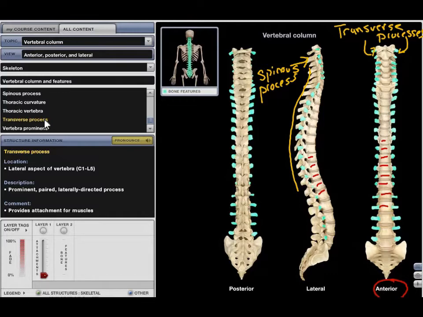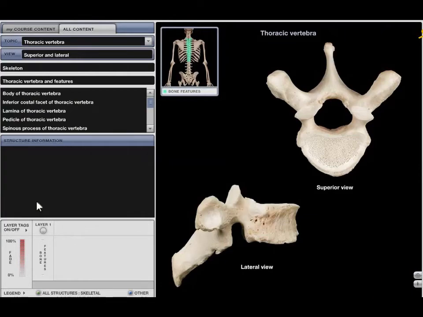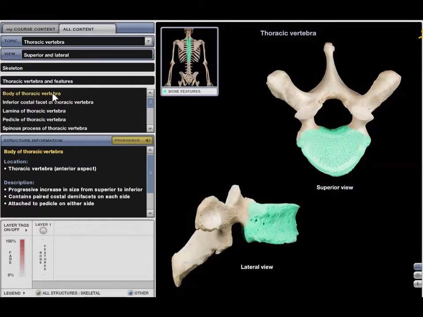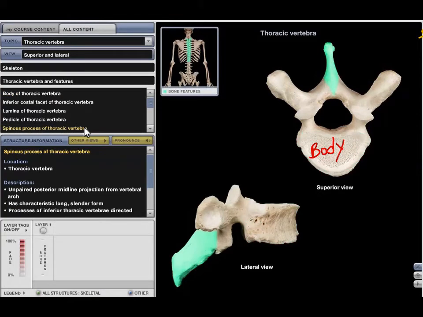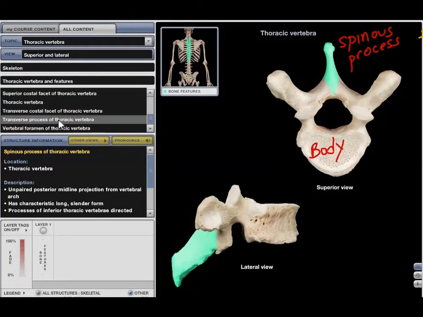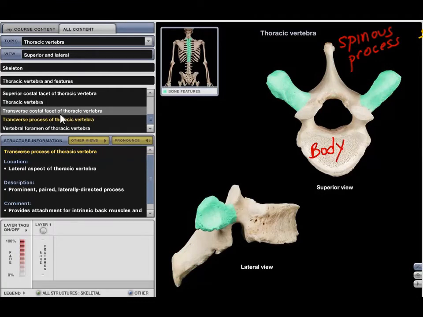So let's take a quick closer look at these structural features on an individual vertebra. On this isolated thoracic vertebra, first we can see the body right here. And then the posterior spinous process. And then the two lateral transverse processes.